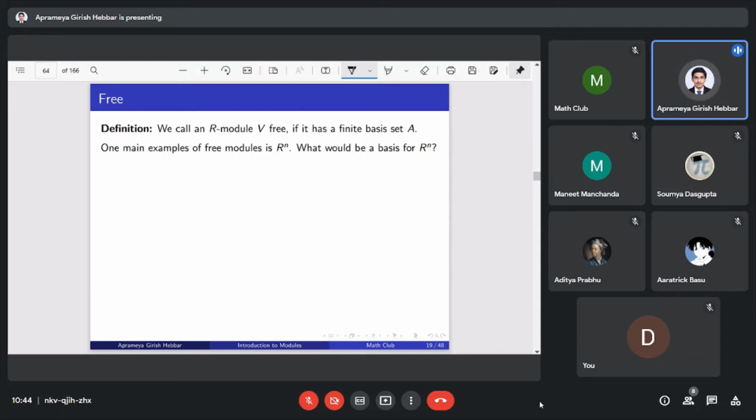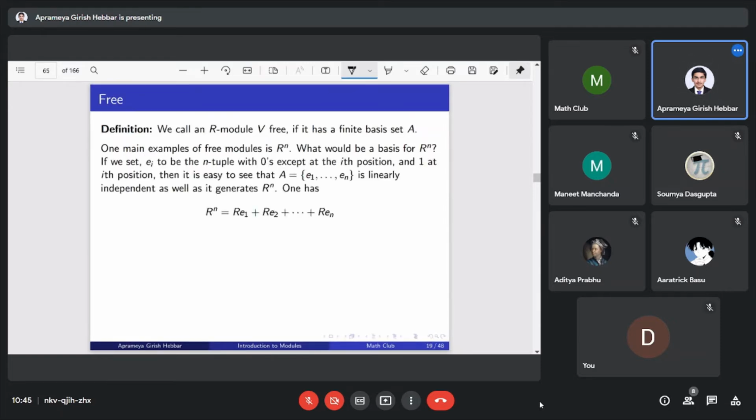What would be the basis for R^n? If one sets e_i to be the n-tuple with all zeros except a one at the ith position, then it is easy to see that A equal to e1 up to en is linearly independent as well as it generates R^n. So e_i is all zeros, one at the ith position, again all zeros.